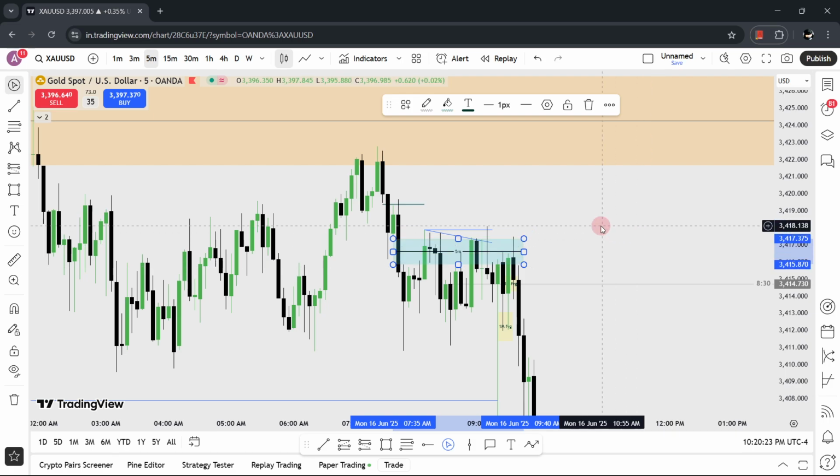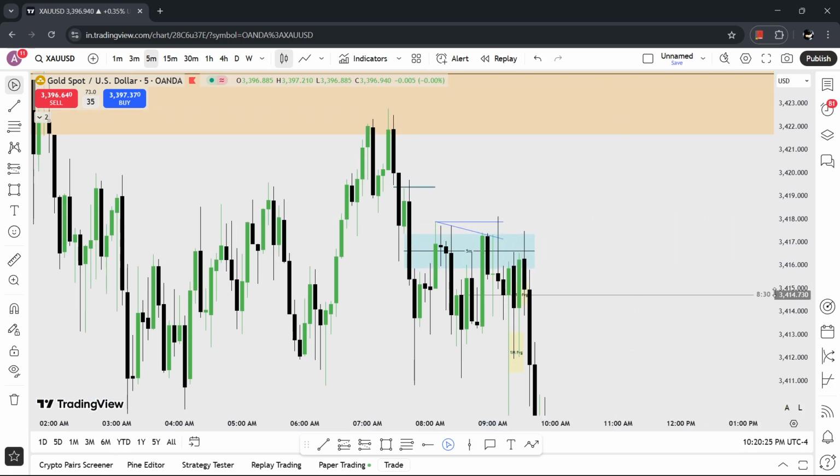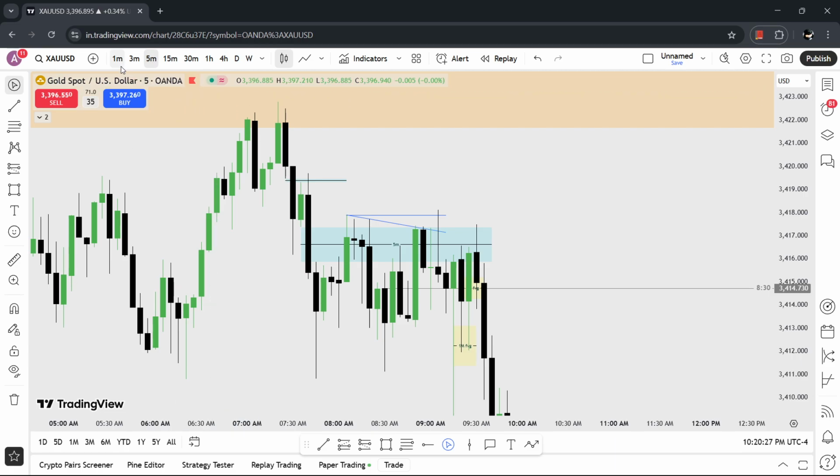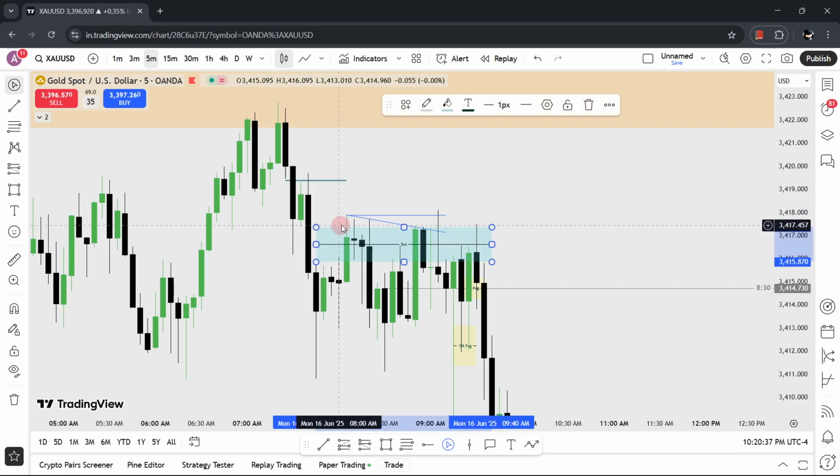Now I think you can see none of the 5 minute candles closed outside this 5 minute fair value gap.